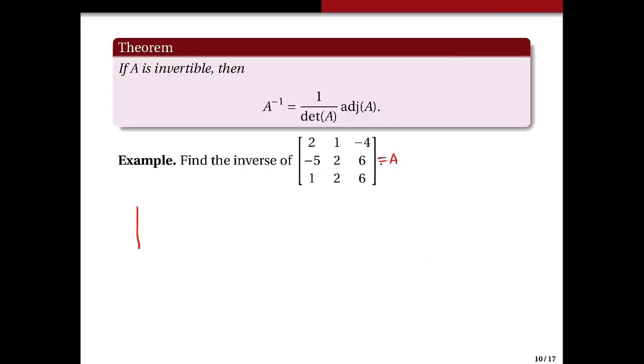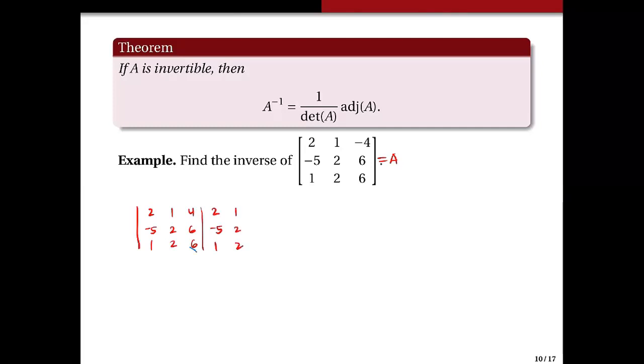We use the method that we learned, which is similar to the 2 by 2. So we have 2, 1, 4, negative 5, 2, 6, 1, 2, 6. And then we augment here the first two columns: 2, negative 5, 1, 1, 2, 2.